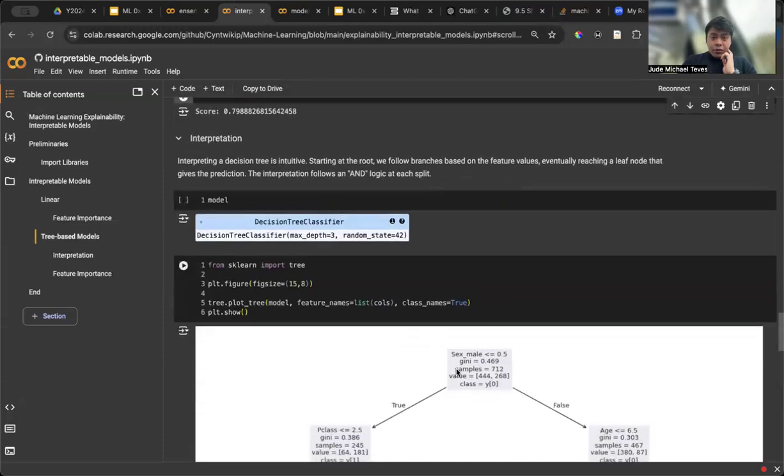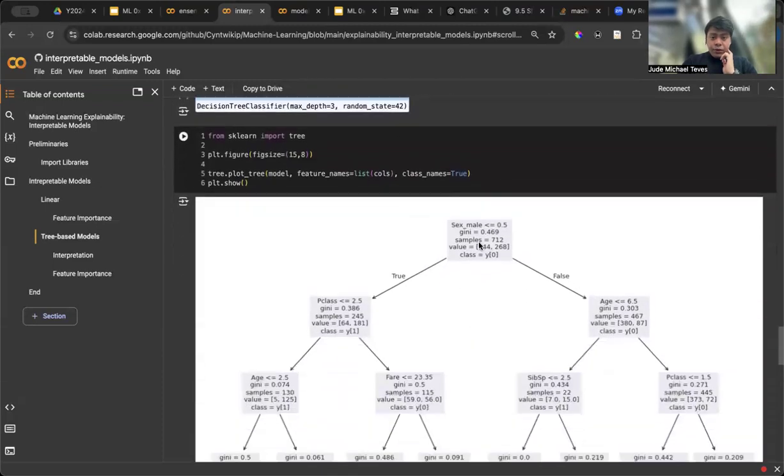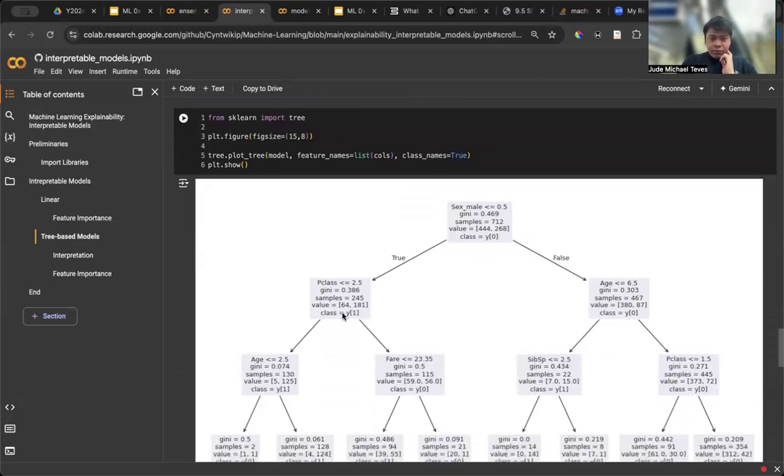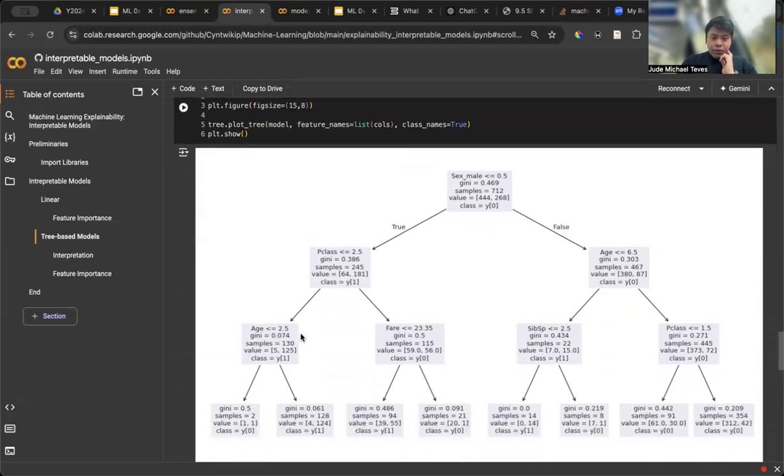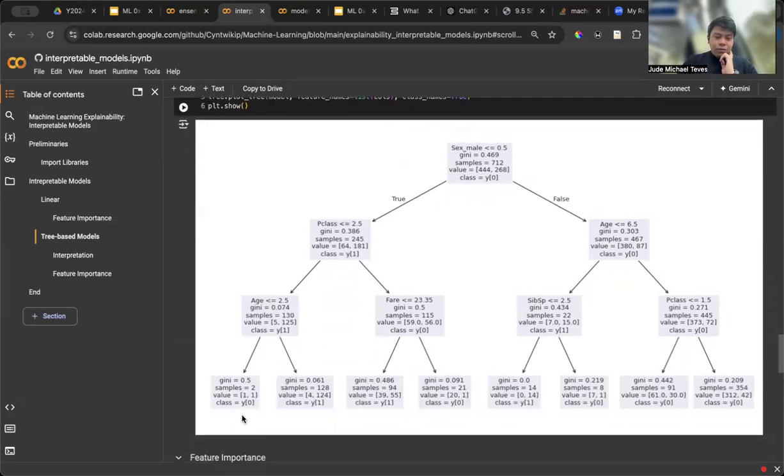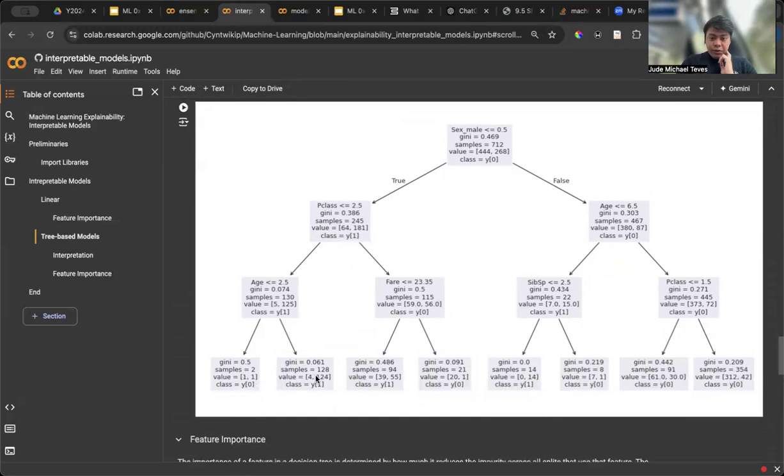We start at the root node here, and based on the value that it has on that specific feature, we go to the left or the right branch, and you can see the class that it will have. Then just keep on following the if-else rules up until you get to the leaf node, and that will be your final prediction.